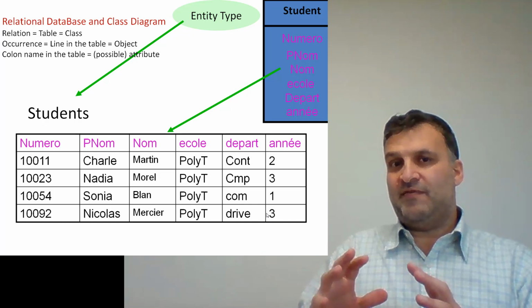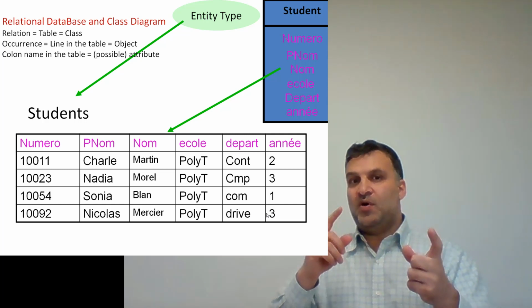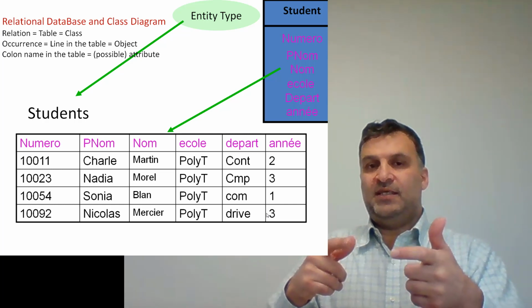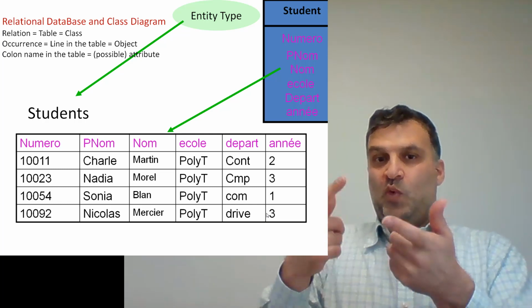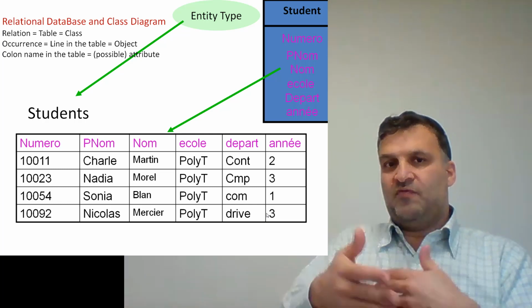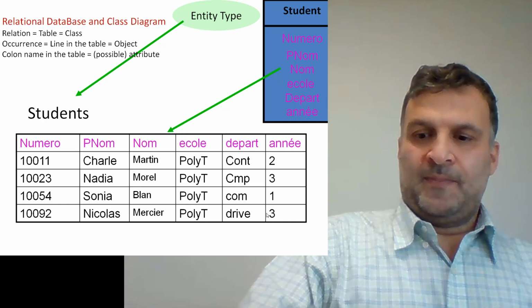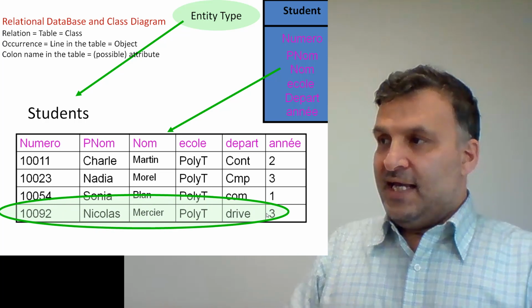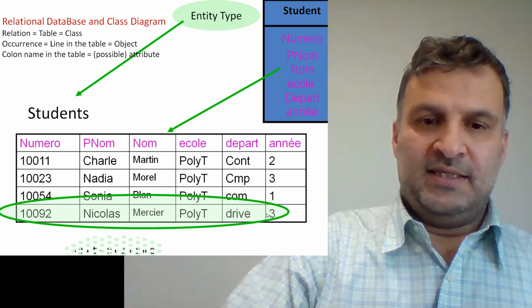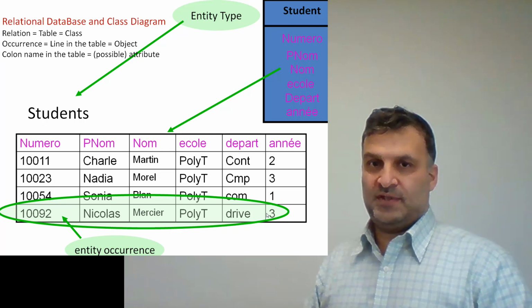But if we have a complex system, all the relationships of multiplicity, of the inheritance, will be implemented also as columns. We will find that in the next parts of the lecture. Each line is an object. It is an entity occurrence.